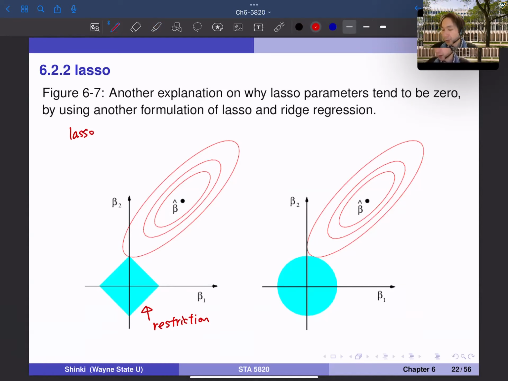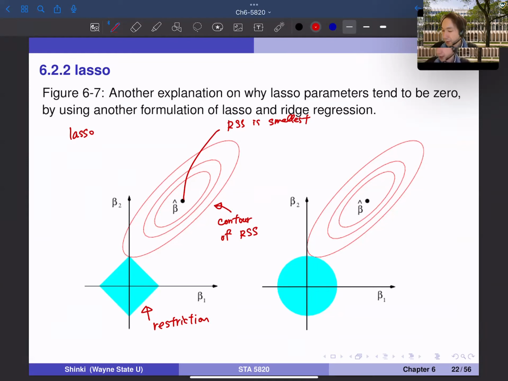The parameter should be within this square. And this is the contour plot of RSS or likelihood. Here RSS is smallest, and getting larger and larger.